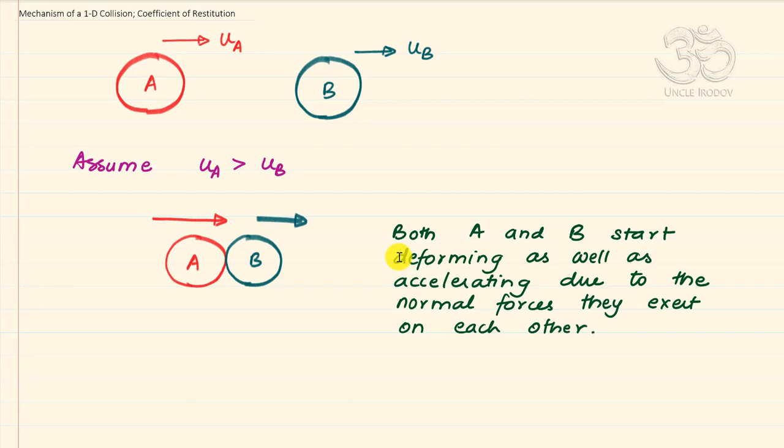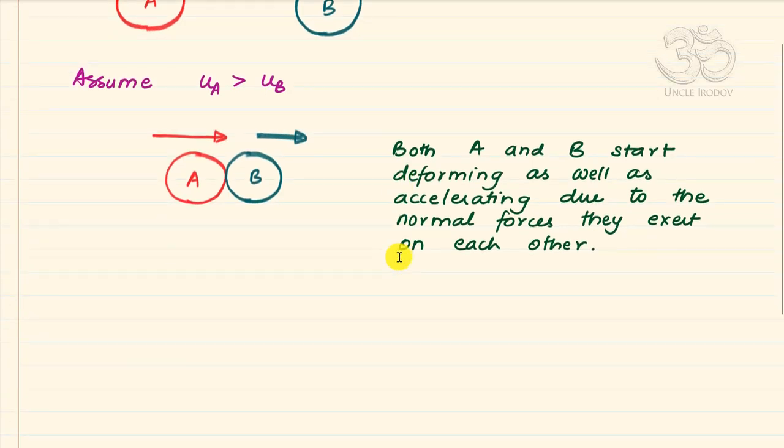Okay. So what happens? When I talk about acceleration of A, I can have a look at the FBD of A, and I instantly know that there is a force on A in the backward direction. Because of this force, A should slow down. So this vector which I have drawn for the velocity of A should start reducing in length.